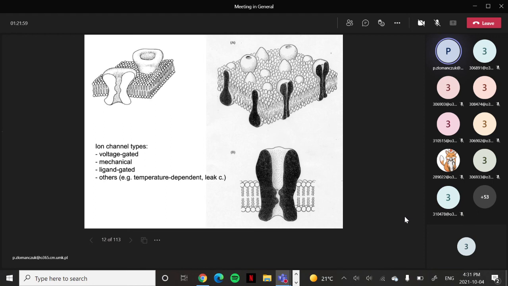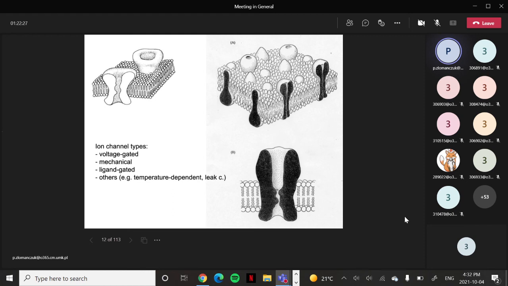So the presence of those structures in the membrane changes, in a sense, the situation of the whole system, because so far we dealt with a relatively stable, not dynamic system, which consists of a phospholipid bilayer and pumps, which maintain a relatively stable internal environment of the cells.